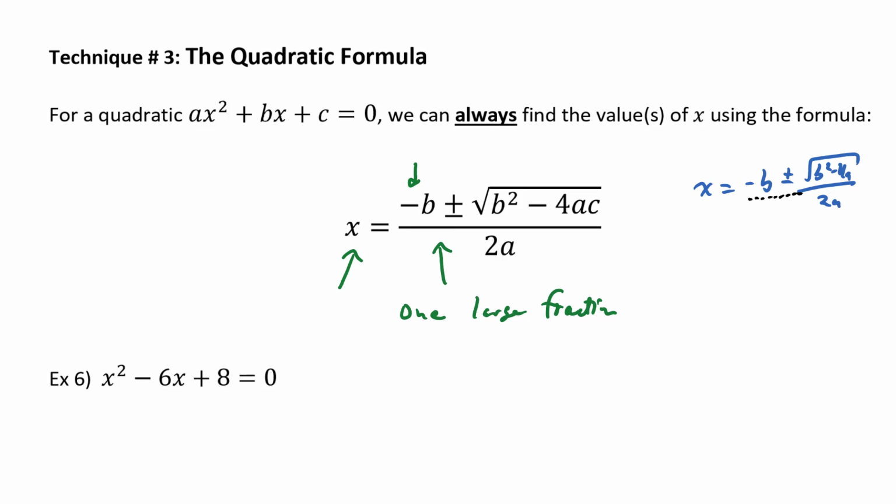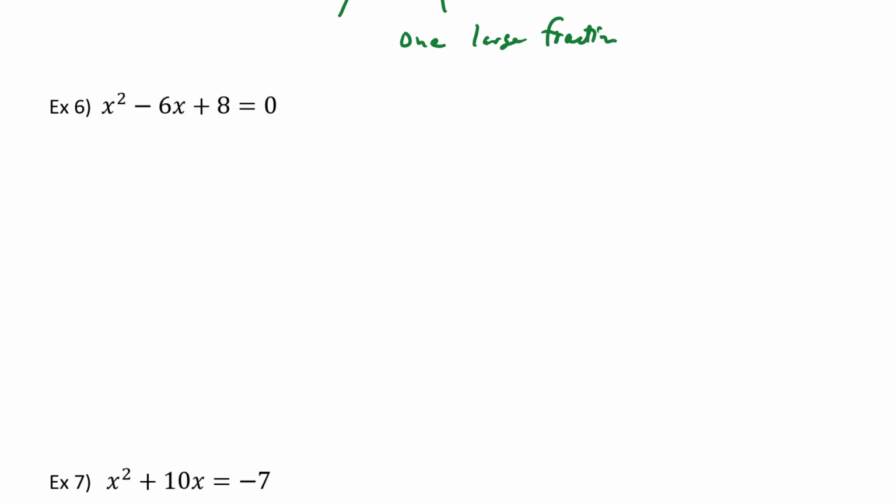Let's now use that to solve some quadratic equations. Example 6, you don't see the coefficient, it's 1. So here a is equal to 1, b is equal to, if there's a negative sign, it comes along for the ride. So those are our 3 values there. Let's sub them in. x is equal to negative b. Again, this is where students mess up sometimes. They see the negative b and they forget it's negative b. Very important.